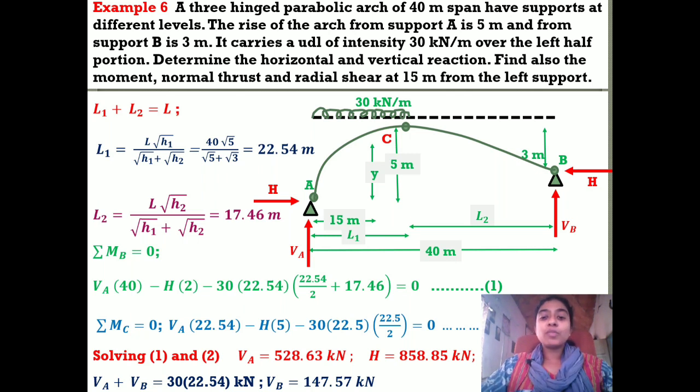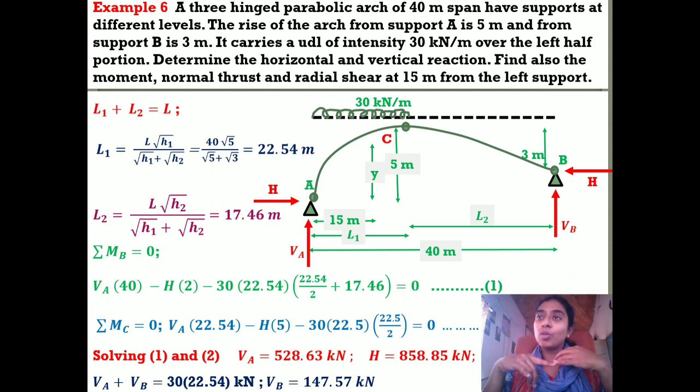So VA plus VB is equal to, the downward load given for us is only 30 kilonewton per meter UDL. So 30 into the distance 22.54. So substitute the value for VA, we get VB is equal to 147.57 kilonewton.